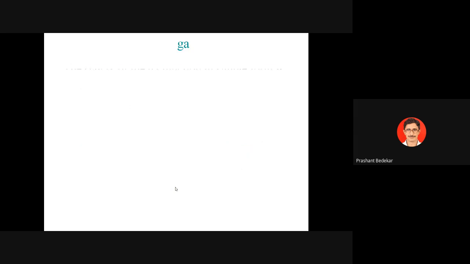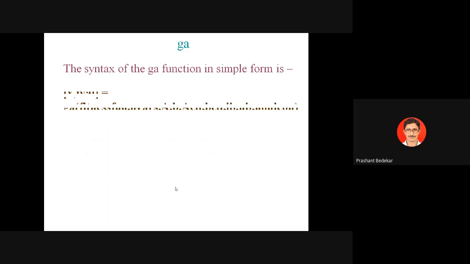Let's see the syntax of the GA function in simple form. It is: X comma FVAL equals GA of fitness function, NVARS, A, B, AEQ, BEQ, LB, UB, NONLCON.